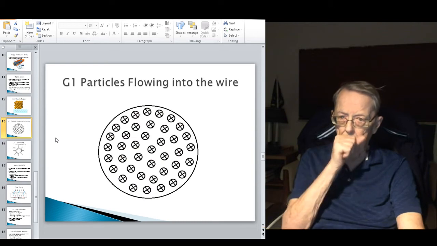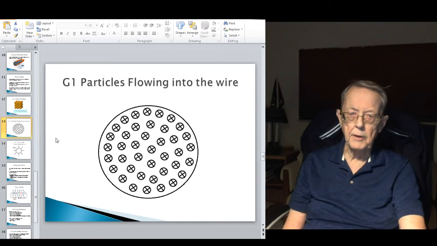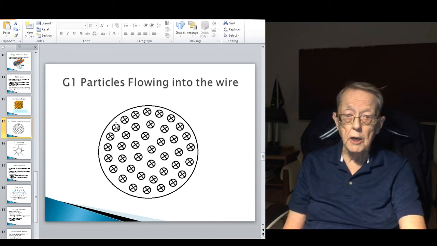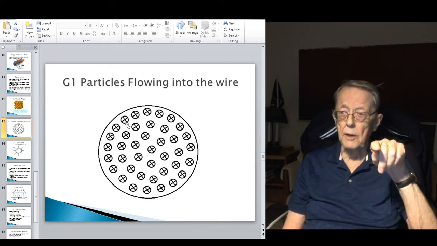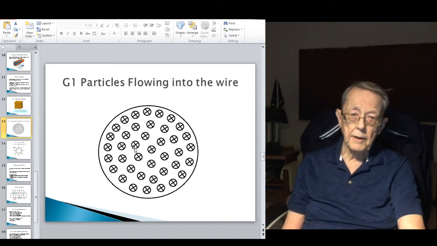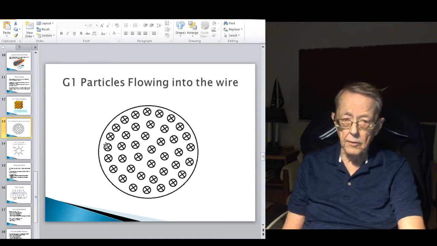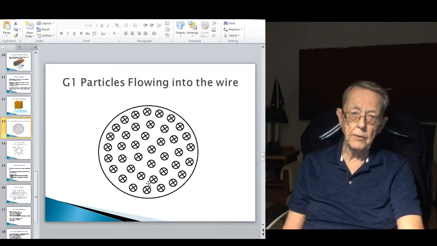So now I'm going to look at the end of the copper wire, and I have shown here a bunch of particles flowing into the paper. It's flowing in because I have an X here looking like the rear end of an arrow. And so all of these are moving into the paper, into the wire, and they're going to be all over the place, all over in the middle, throughout the whole center, and at the edge, flowing through the copper wire.